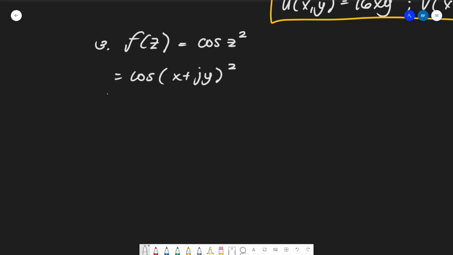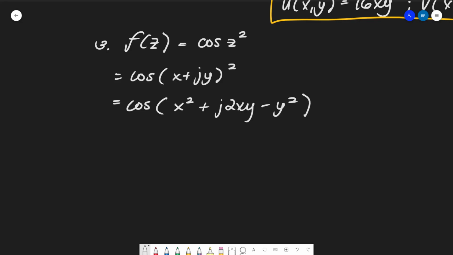So, we have the cosine of x squared plus j2xy minus y squared.